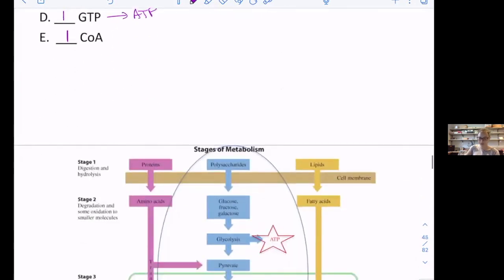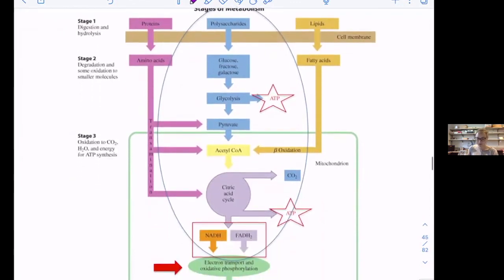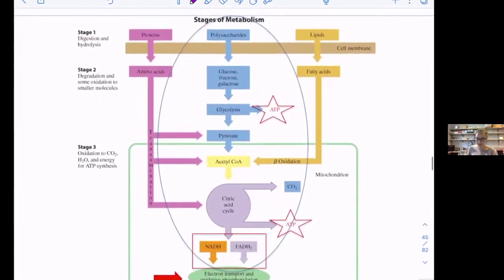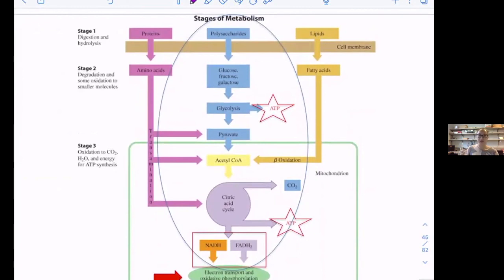So let's just do one quick review of the stages of metabolism. What we've talked about in terms of sugars is what's circled in the middle. We did digestion, which takes polysaccharides down to glucose, and then glycolysis forms some ATP. Not very much, but glycolysis forms some ATP. That process forms pyruvate.